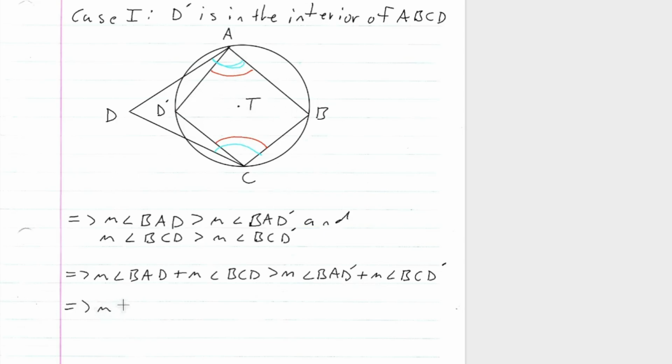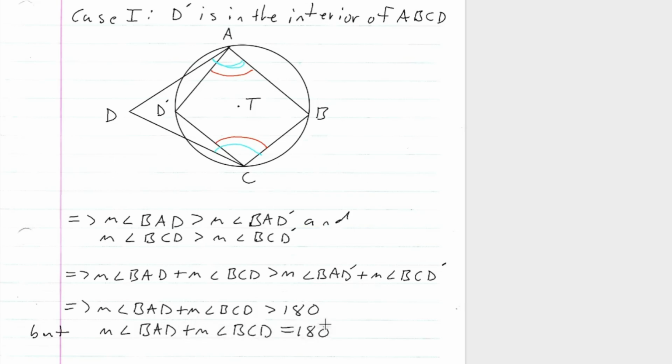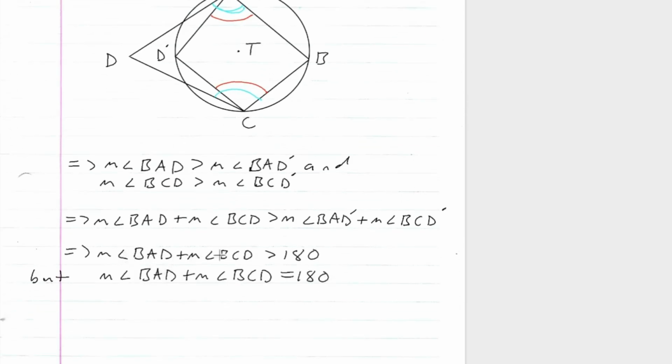So this implies that the measure of angle BAD plus the measure of angle BCD is bigger than 180. But remember, we also assumed that for quadrilateral ABCD the sum of the opposite angles is 180, so the measure of angle BAD plus the measure of angle BCD is equal to 180. Well, both these statements can't be true at the same time, so this is our contradiction, right?